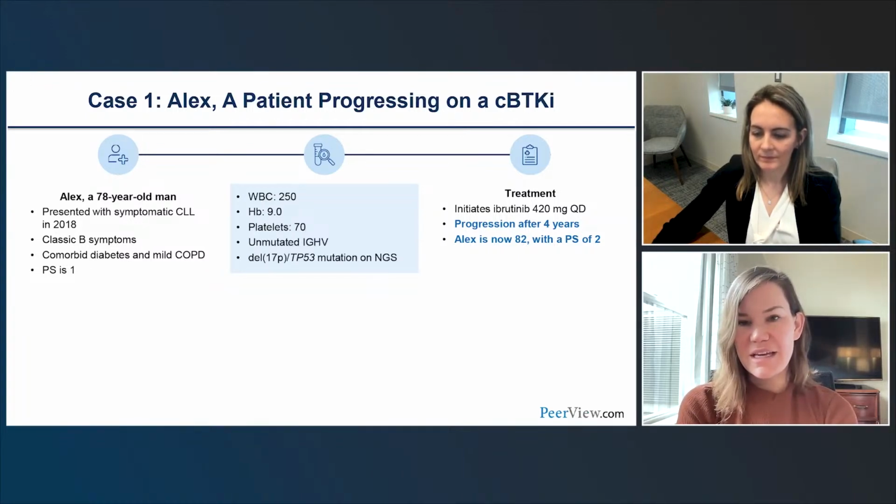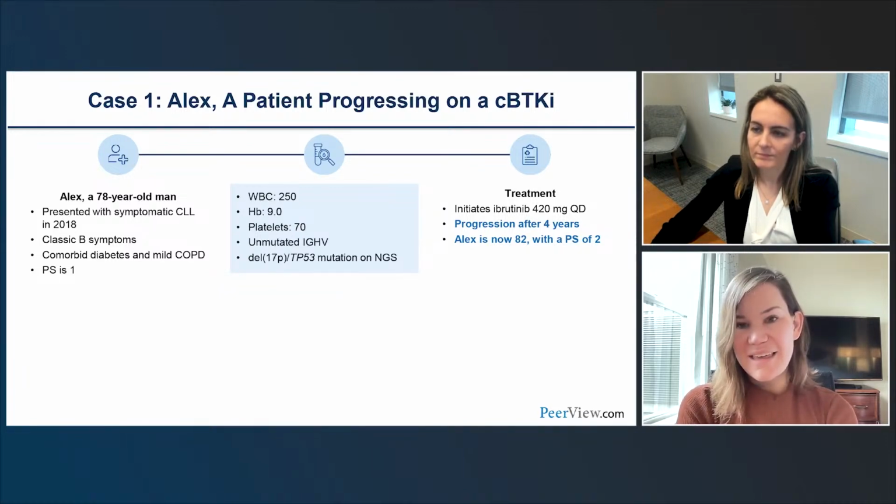Based on the 10-year follow-up data that we saw at this year's ASH, the median is quite a bit longer than 4 years. So it's a little worrisome for how he's going to do with his future therapies. And now he's older. What I would think about as far as his options is what therapy is going to be the best tolerated for him, but also effective.